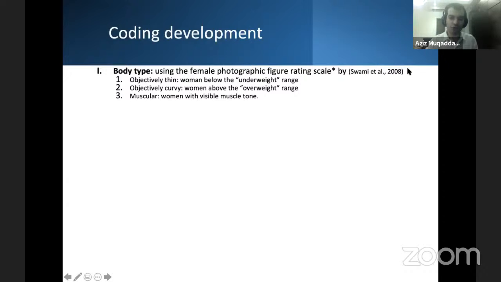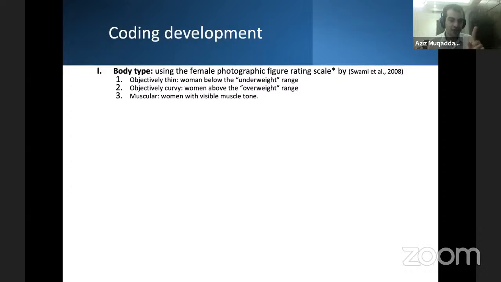If you go to the original article, it would specify exactly what those ranges are. They use things like waist to hip ratio, the thickness of the arms, things very specific about the visuals of the images. So you would have something established by someone else.